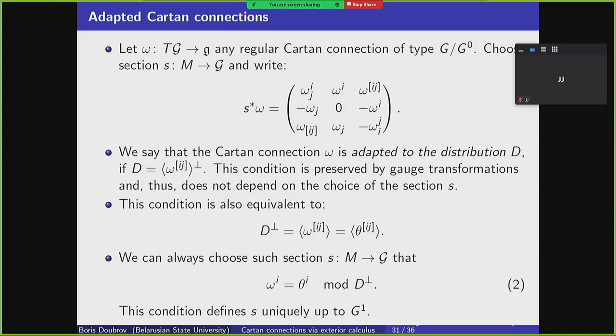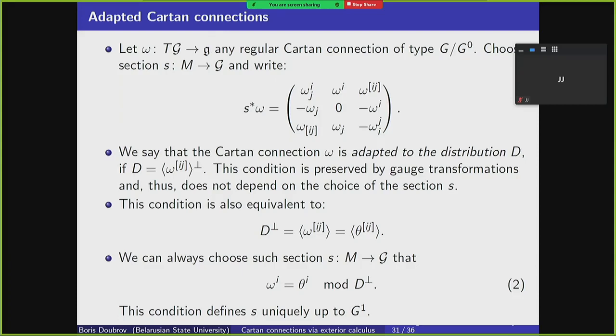What we can do, and now we start adjusting our section, is to make sure that forms omega are aligned with forms theta as much as we can. First of all, we can ensure that omega i's and theta i's are the same modulo d perp, so modulo these terms, which are the same here.